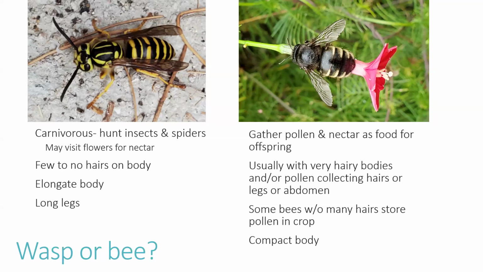Some bees, or at least those that have less hairs on their body, may have a specialized area in their digestive tract called a crop that they will use to store pollen or nectar, and they'll use that when they get back to the nest or nursery to regurgitate, and then they have that substance to provide for their offspring.